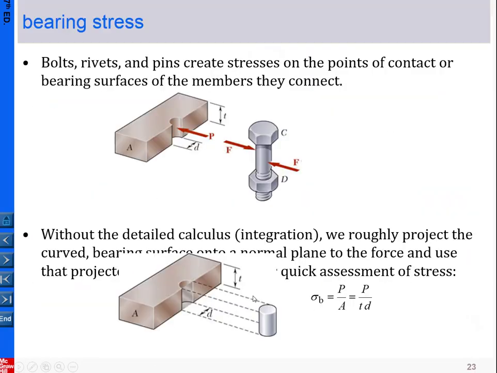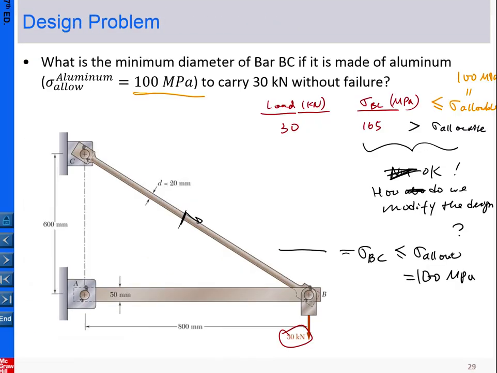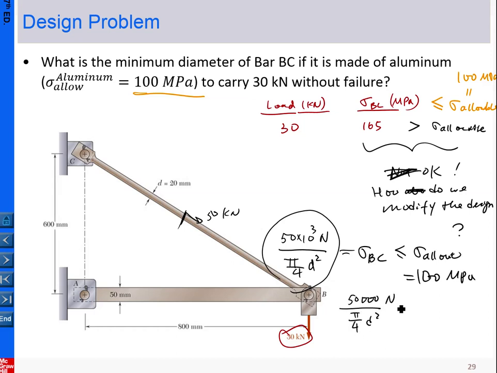So we come back to our slides here. The magnitude equals 50 kilonewtons. So 50 times 10 to the 3 newtons, divided by the cross-sectional area, pi over 4 times d squared. So 50,000 newtons divided by pi over 4 d squared, in square millimeters, must be less than or equal to 100 MPa.